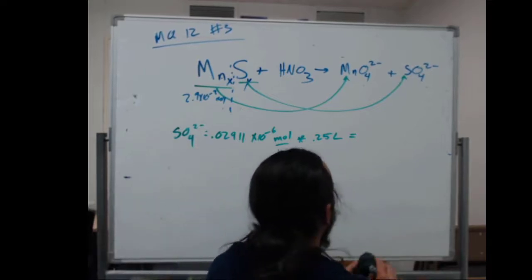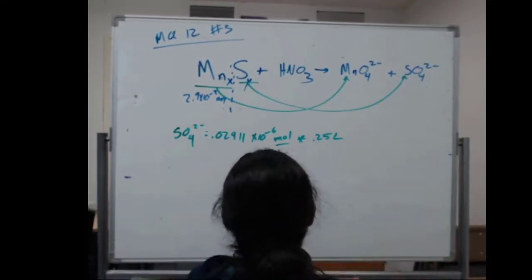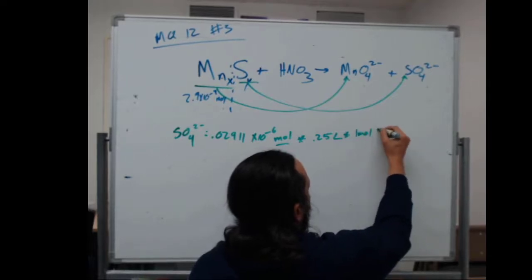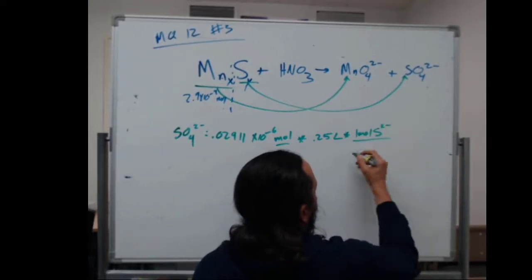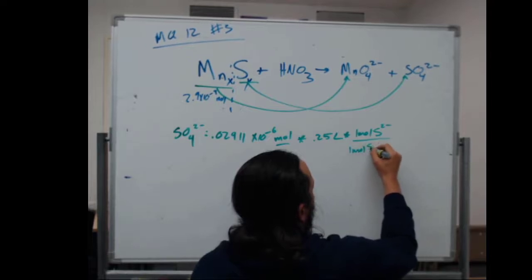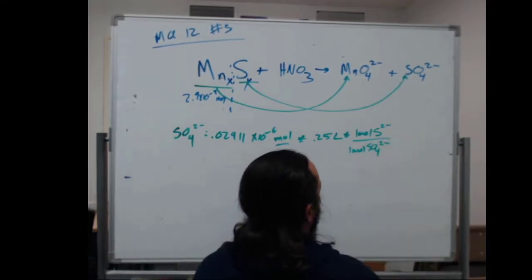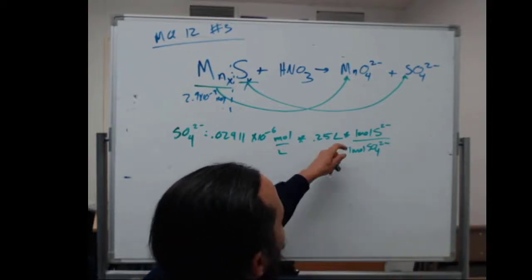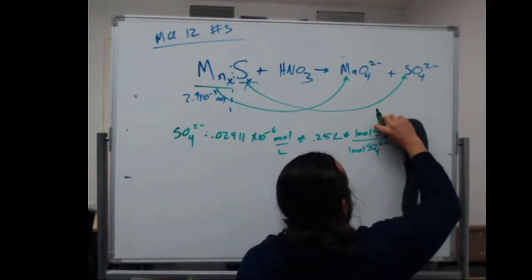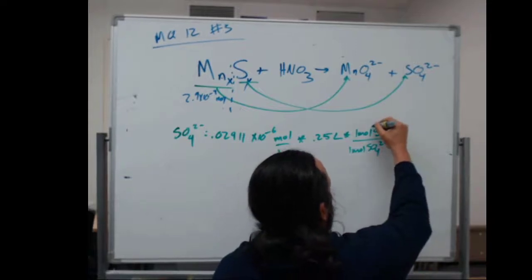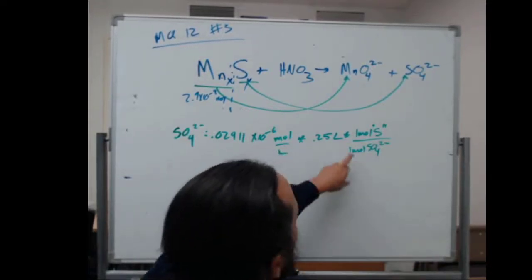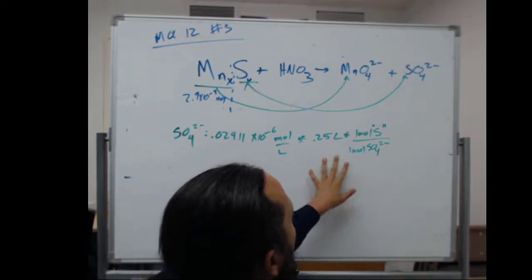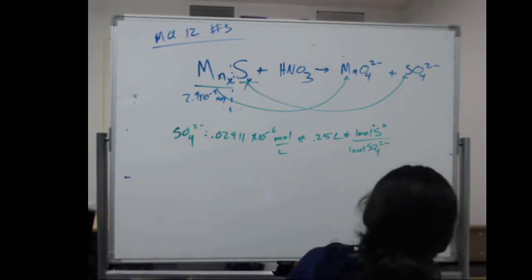And I'm even going to put in an extra step here, times 1 mole S2 minus for every 1 mole SO4 2 minus. So I'm essentially taking into account the mole ratio. So instead of doing it in 2 steps, I'm doing it in just 3 multiplications right away.